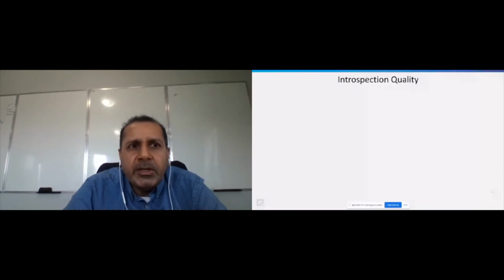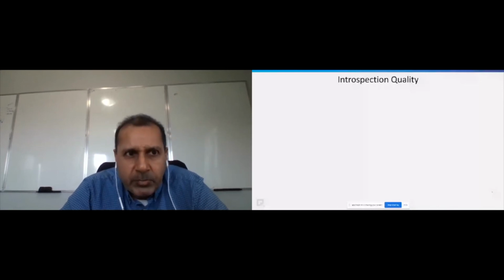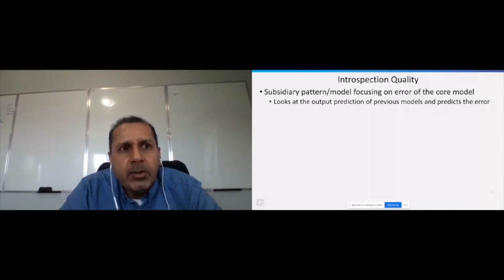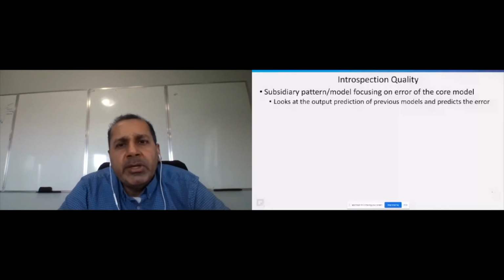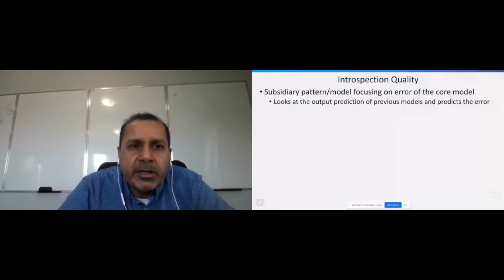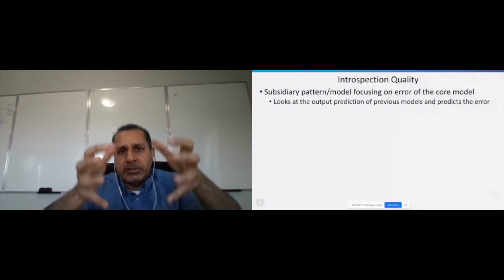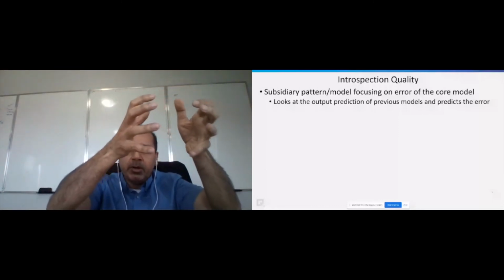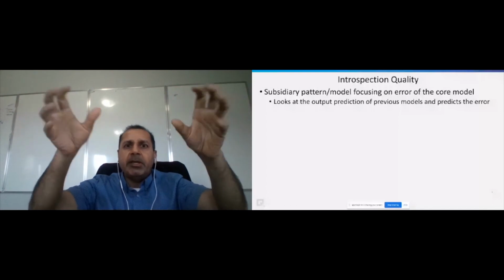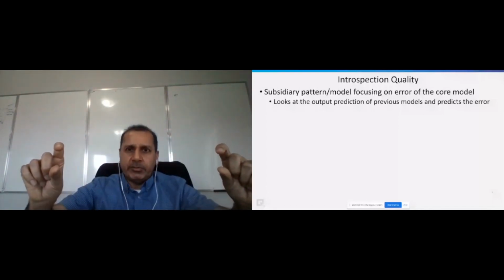Here the notion is actually much simpler. We're saying we need to have models focus on the patterns that they're interested in. And as we identify that subsidiary pattern, we can create the right model with the right target variable. So you have this black box, which could be a monolithic model or multiple models, and it generates certain predictions.